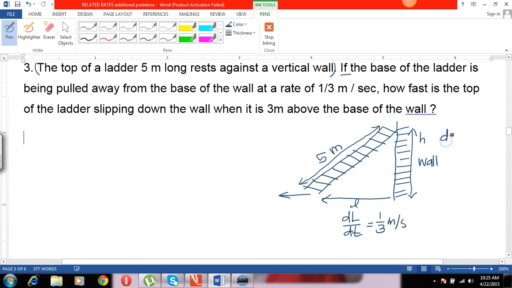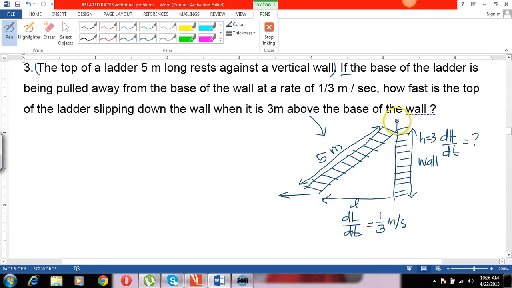They ask you to find dh over dt equals what? When it is 3 meter above the base on the wall, this h should be 3 meter from the base. So we can find all of the information given and abstract and illustrate it in the figures.